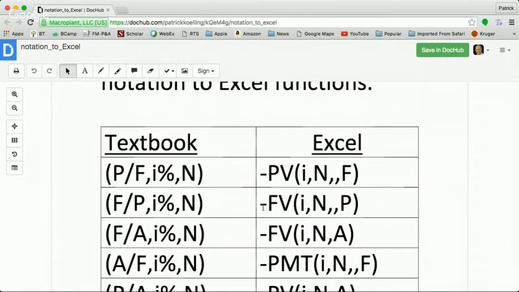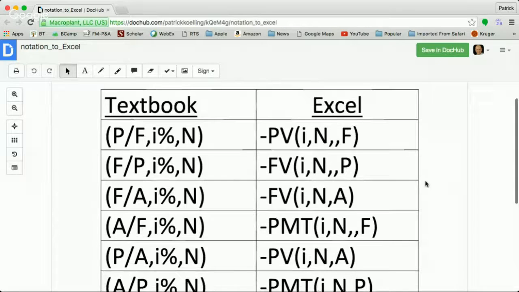But you need to do that to get the sign right on your answers. So keep that close to hand when you start to use the spreadsheets.